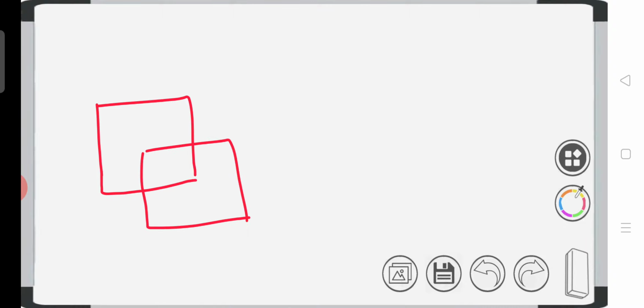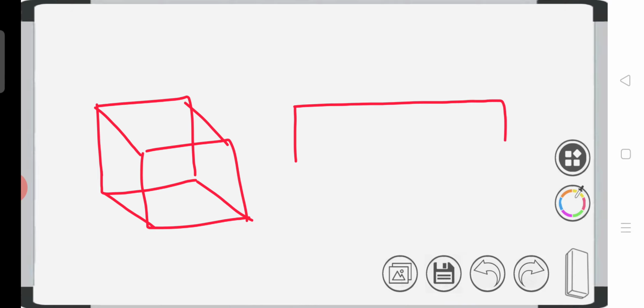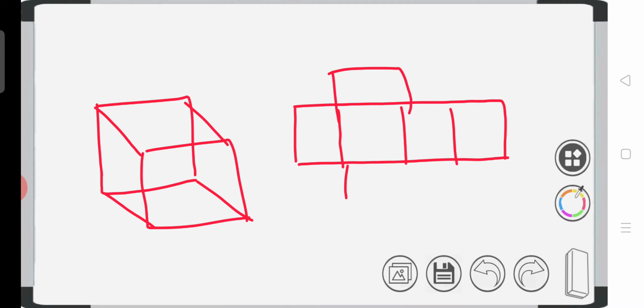Now when we talk about the nets, it means how this cube has been formed. When you open this cube, then this structure will be there: 1, 2, 3 and this is 4, and 1 square will be at top and 1 will be at the bottom.